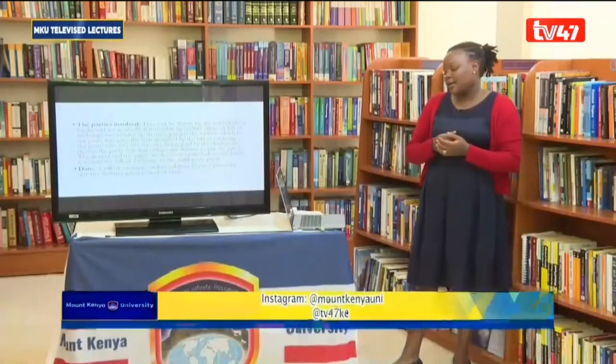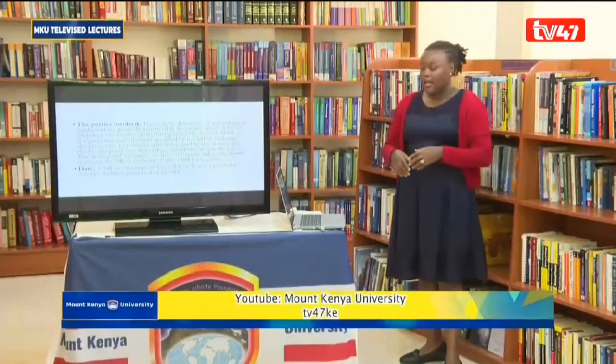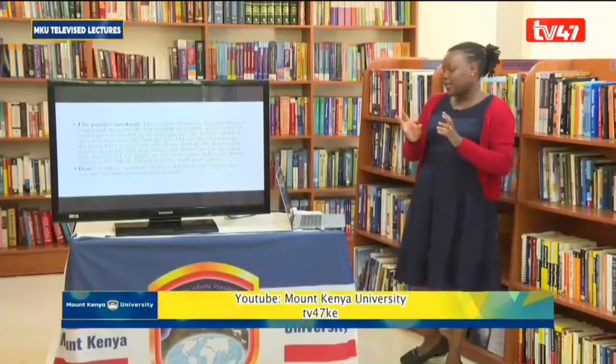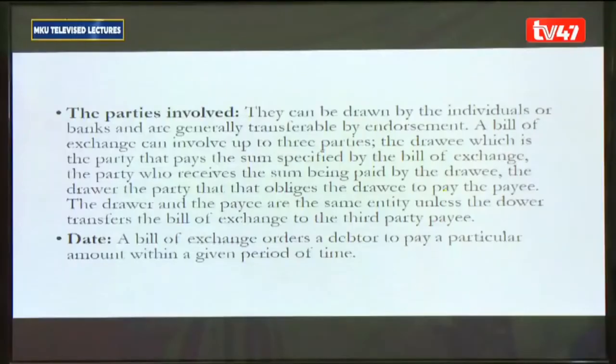Secondly, the parties involved. When you talk about a bill of exchange, it can be between individuals and banks, and it is usually transferable by endorsement. So if you endorse it to give it to a third party, then the party who has been specified in the bill of exchange is the one who is going to receive the money agreed upon by the drawee.